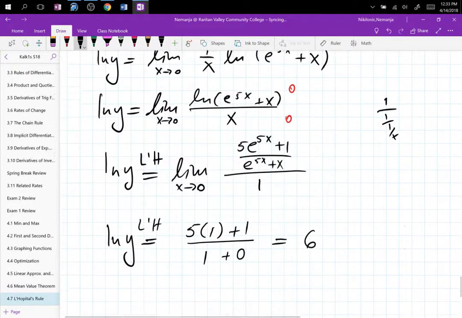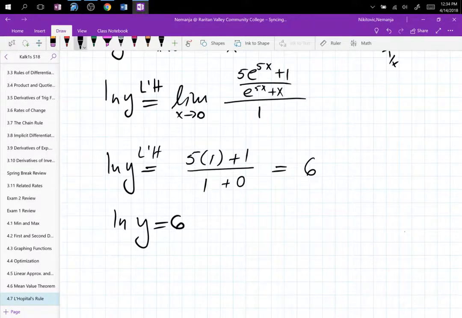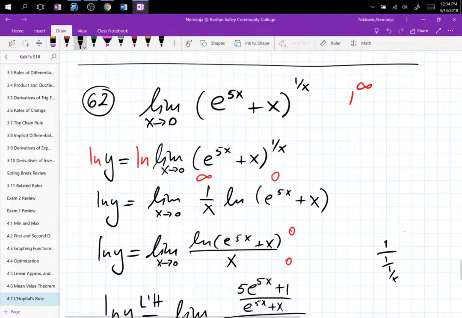So the whole thing is 6. ln y is equal to 6. If ln y is equal to 6, then y alone is e to the 6. But y was the original problem.